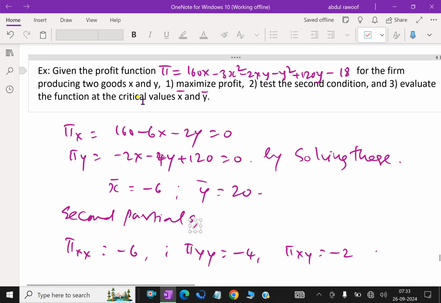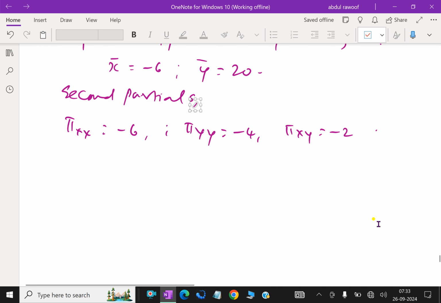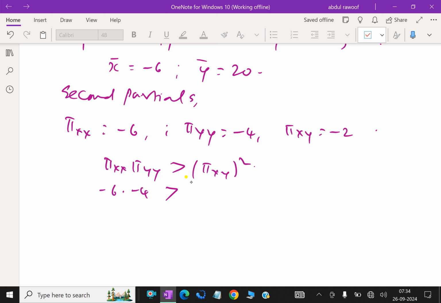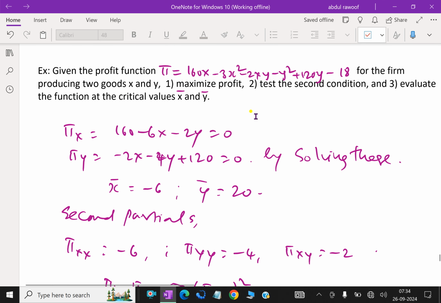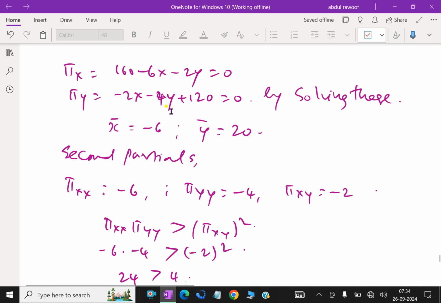Now we check that pi xx times pi yy is greater than pi xy squared. That is minus 6 into minus 4, which is 24, which is greater than minus 2 squared, which is 4. So the second test is satisfied. Third is to evaluate the function at the critical values x bar and y bar.